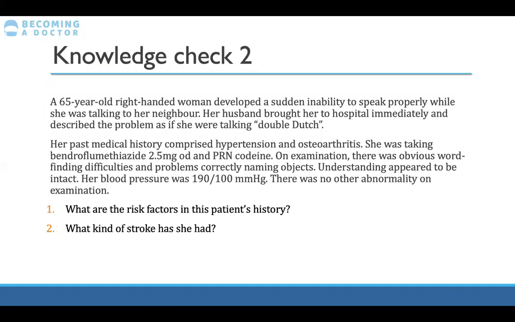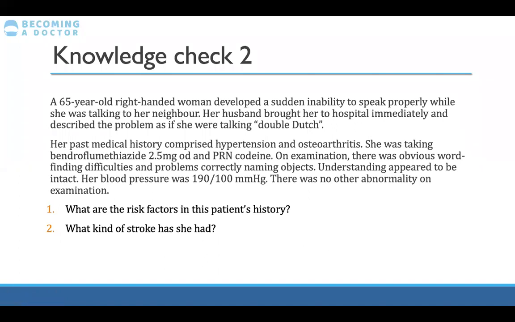So if we say that just by statistics, this lady has had an ischemic stroke, what do you think is the Bamford classification for this stroke, and why? Give me your reasons with your answers. It's difficult, isn't it?